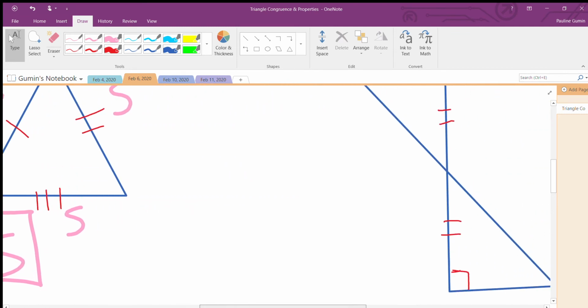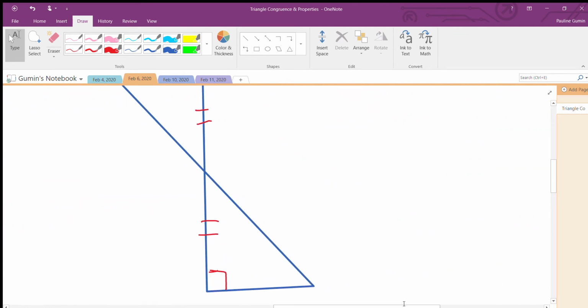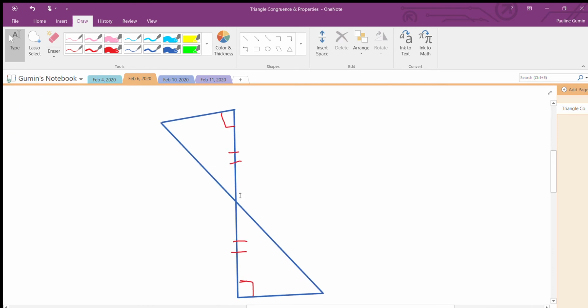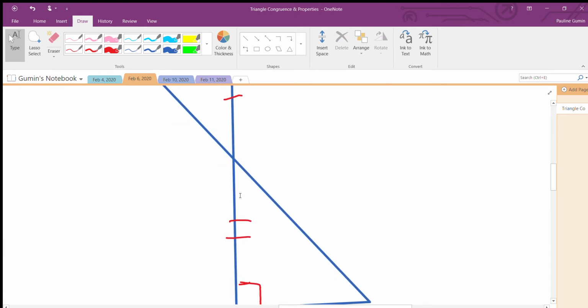And let's look at the last one. Okay, well this one's kind of strange because I actually see only 1 side marked on each, along with 1 angle. Well, what else do they have in common? Now, if you recall from previous sections, we have vertical angles right here. And vertical angles are congruent.